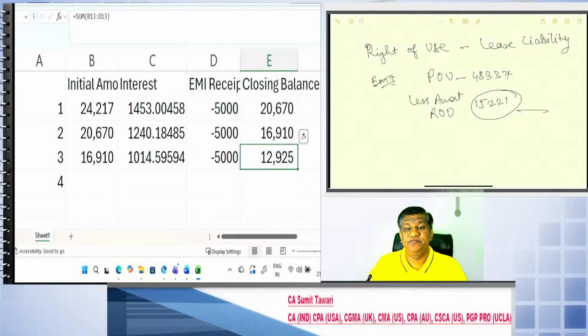Cash. So here we are recognizing the expenses, and the amortization expenses is basically 16,113, which is the difference between total lease expenses and the interest expenses. So that is basically the amortization expenses, that we need to reduce from the ROU asset. It is just like we are calculating the depreciation.